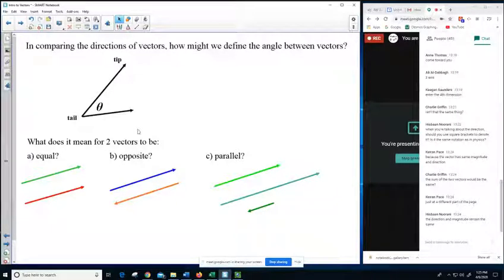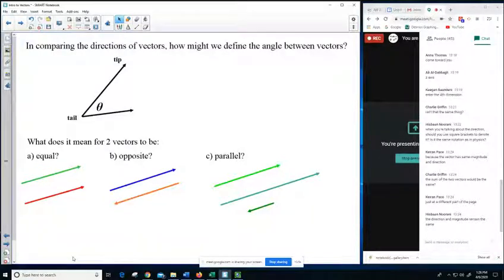All right. So here we start to think about what it means for these vectors to have certain characteristics. We already talked about what it means for two vectors to be equal. Equal just means that their length, or their magnitude, is the same and they're pointing in the same direction.